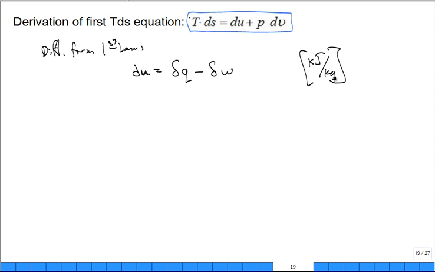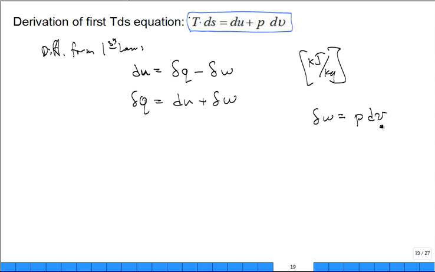Okay, let's rearrange this equation and put del Q is equal to du plus del W. Algebra? All right. If I have an infinitesimally internally reversible process, what is del W related to?